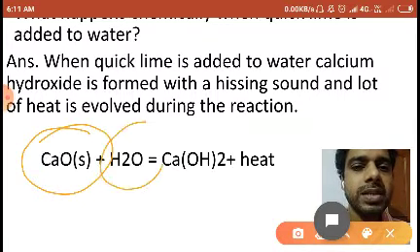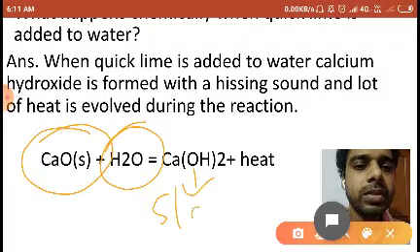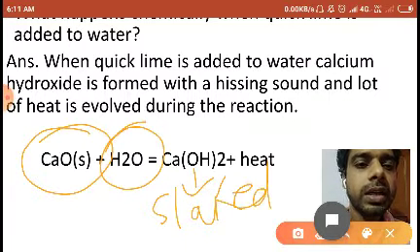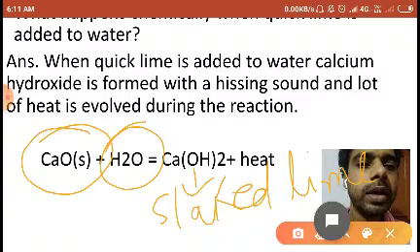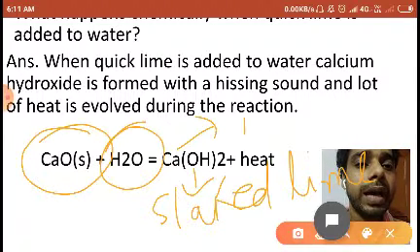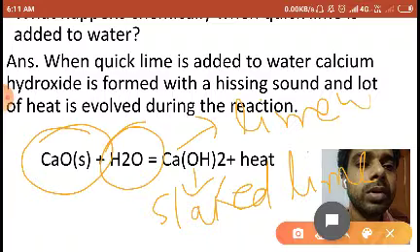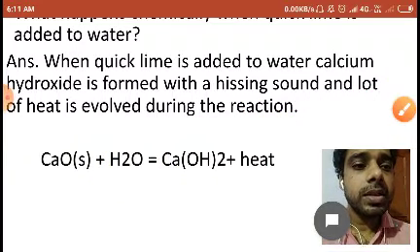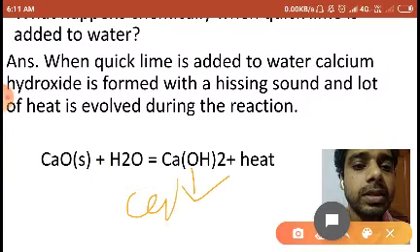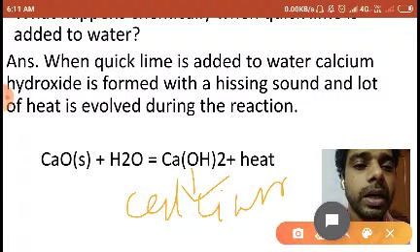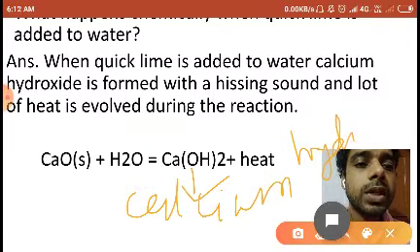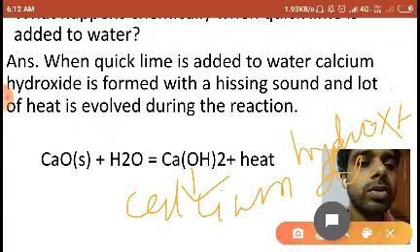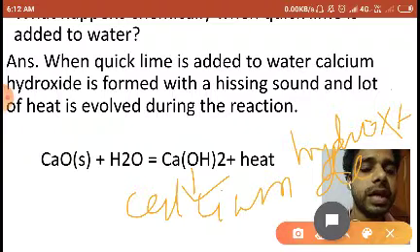Quicklime, CaO, plus H2O forms slaked lime. The three names of this are slaked lime, lime water, and calcium hydroxide also.